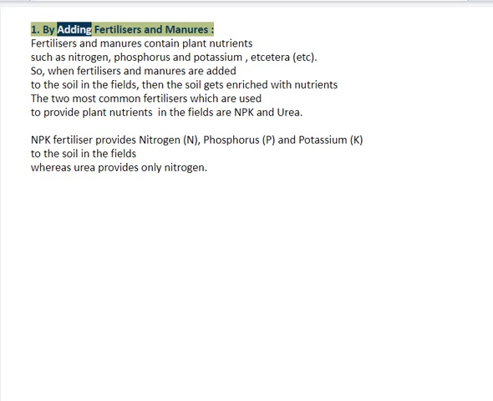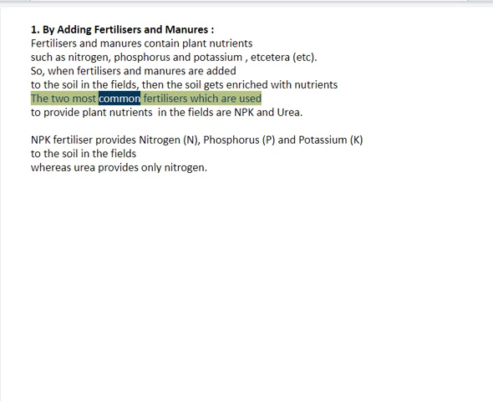1. By adding fertilizers and manures. Fertilizers and manures contain plant nutrients, such as nitrogen, phosphorus and potassium, etc. So, when fertilizers and manures are added to the soil in the fields, then the soil gets enriched with nutrients.